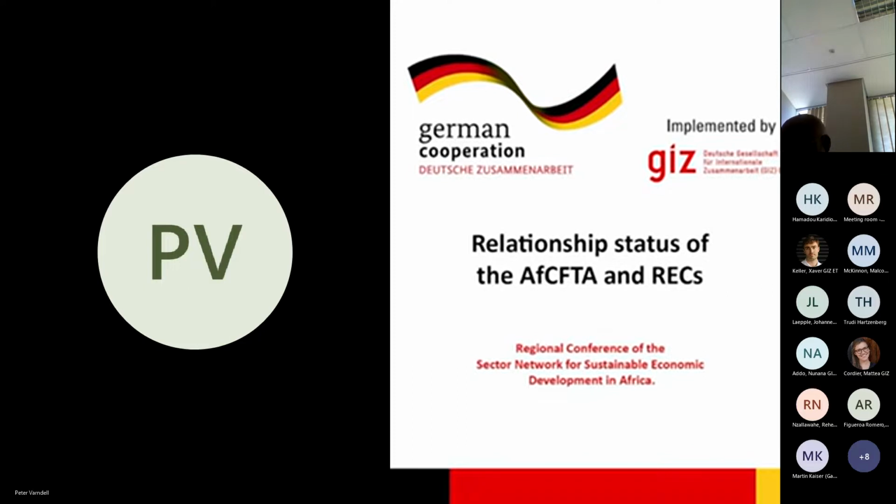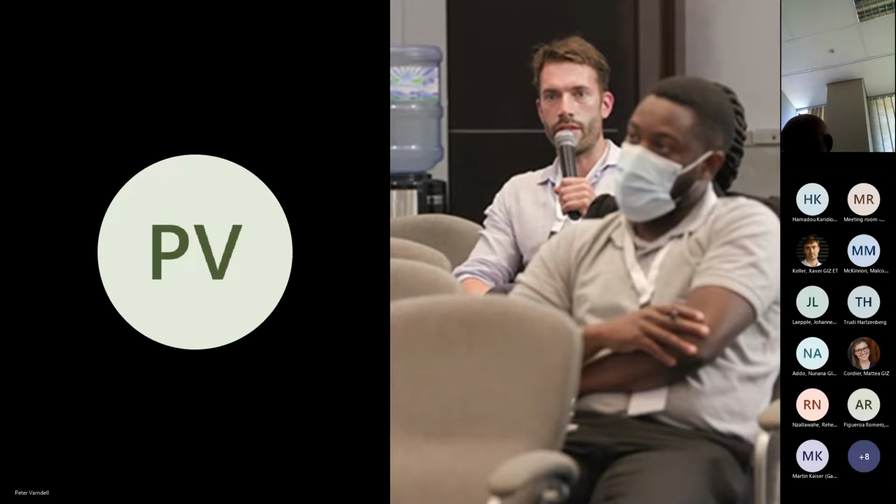I have the tripartite at my disposal, and I will have the AfCFTA at my disposal. So in view of the private sector, is that useful from your point of view for your intra-African trade or intra-regional trade? Is that something that you find efficient? How do you see that?